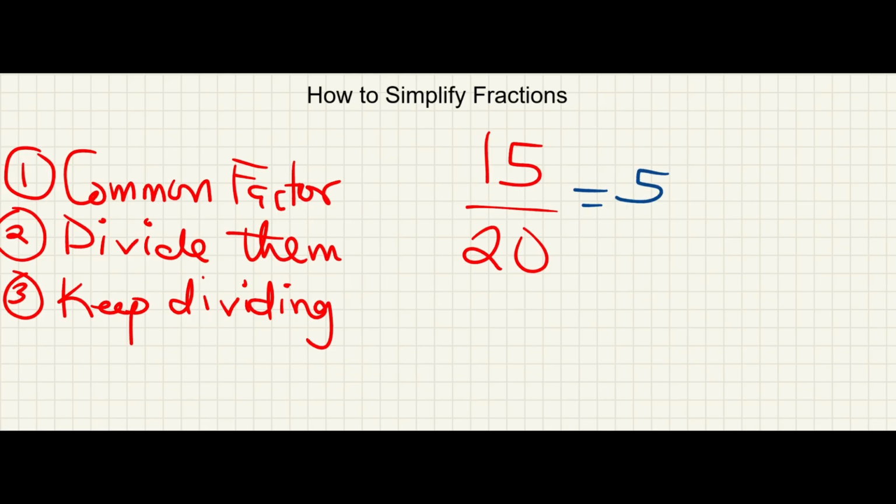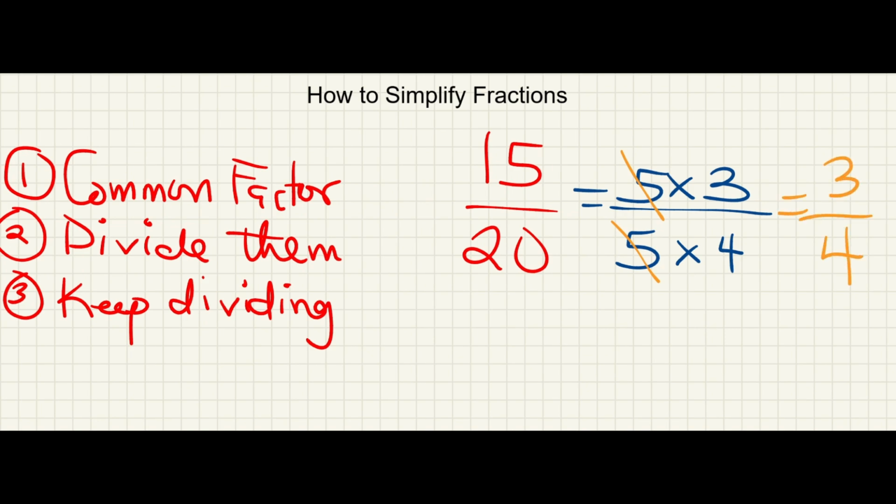So we know that 5 times 3 gives us 15, and in the denominator, 5 times 4 gives us 20. The common term here is 5 and 5, so we cancel that out, and we are left with 3 over 4.